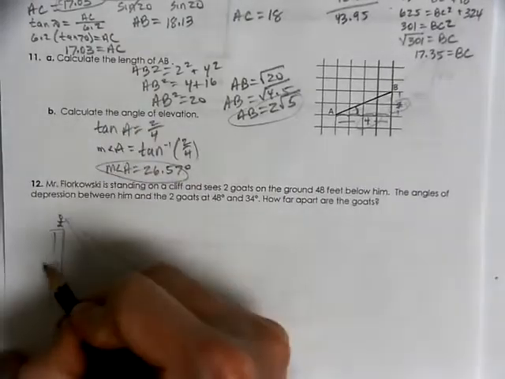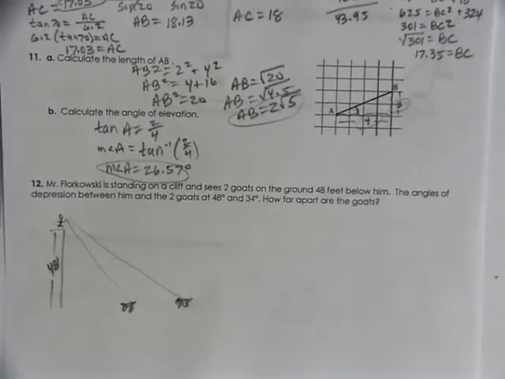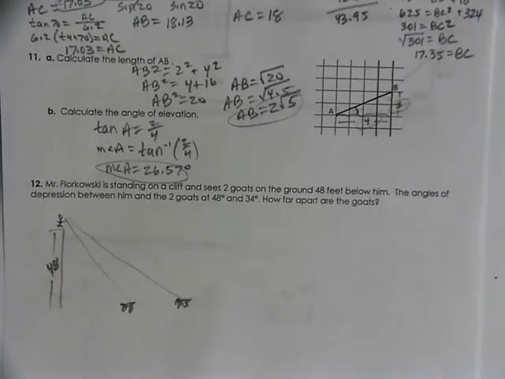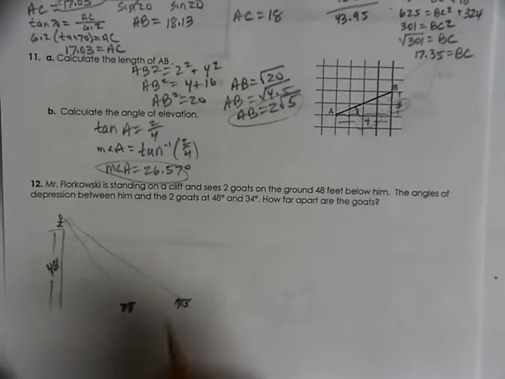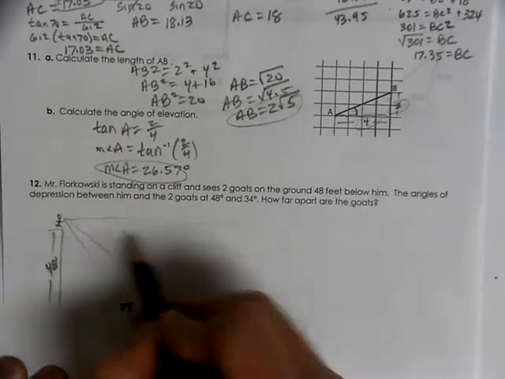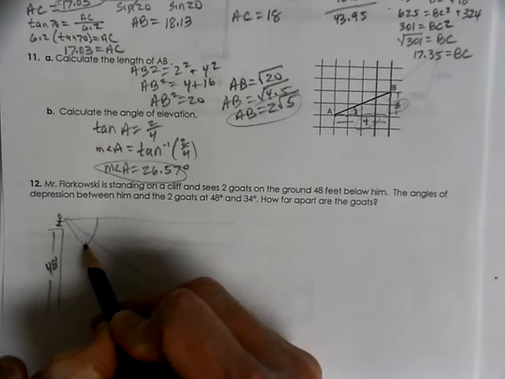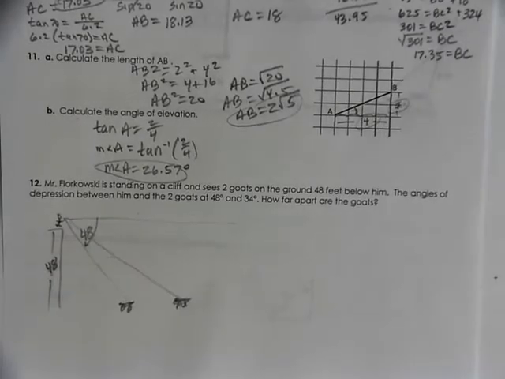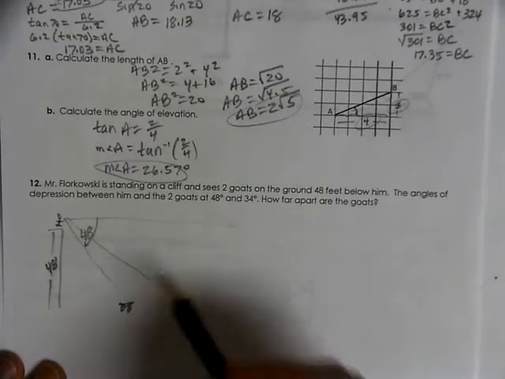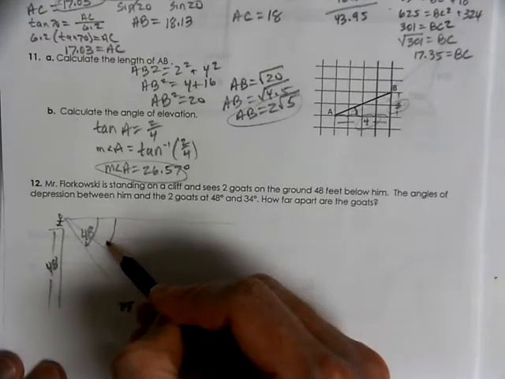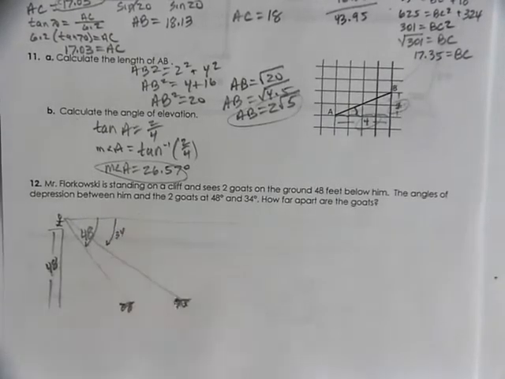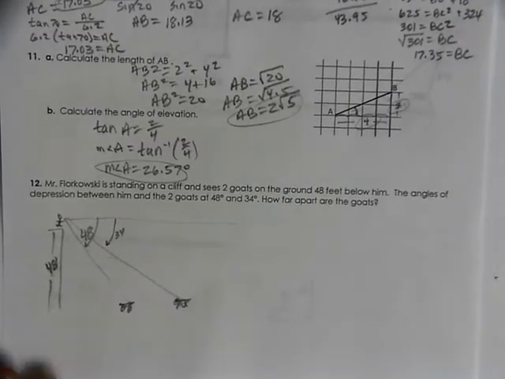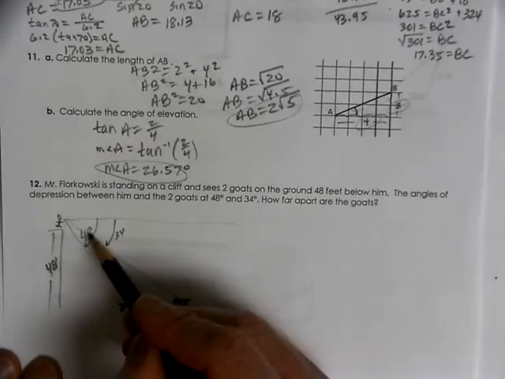The angle of depression to the first goat, depression, remember, is 48. And the other angle is 34. So we have a triangle.